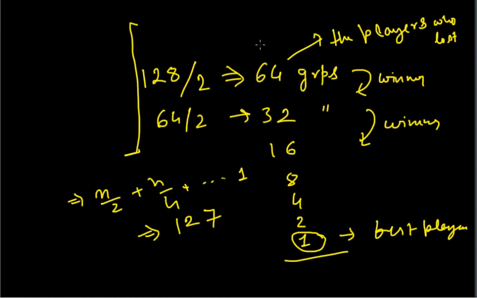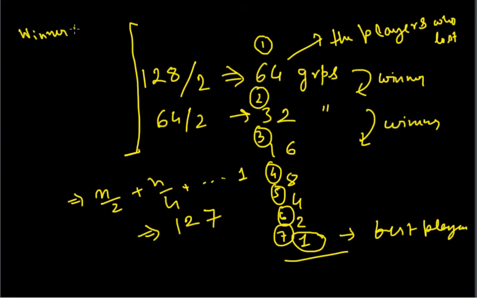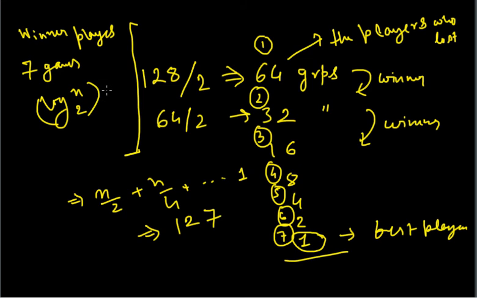The winner was part of this set, this set, and this set: 4, 5, 6 and 7. So the winner played 7 games. In general, it will be log of n, where n is 128.